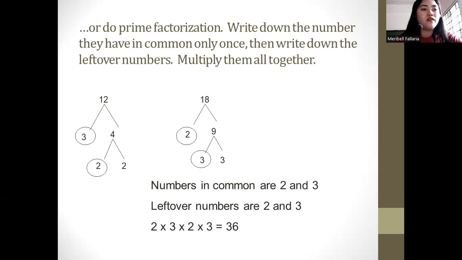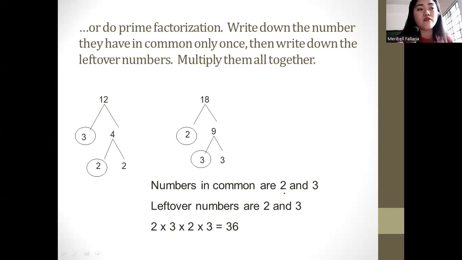After that, we're going to list it only once. So we have numbers in common 2 and 3, and then the leftover numbers we have 2 and 3. Kanina sa GCF, once din natin siyang sinulat. Okay. Here naman sa LCM, we're going to write the common numbers once and then times the leftovers.